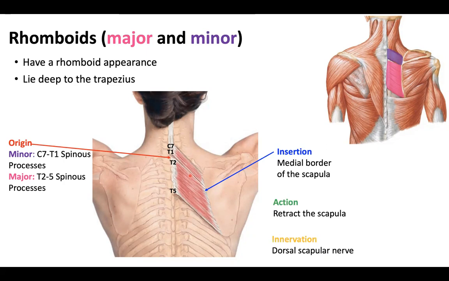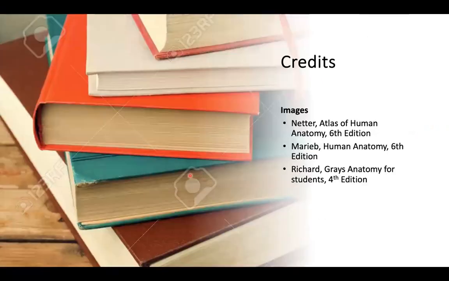Both levator scapulae and rhomboid muscles are innervated by the dorsal scapular nerve. So the posterior axioappendicular muscles are trapezius, latissimus dorsi, levator scapulae, and rhomboid muscles. That's all about the posterior axioappendicular muscles, or the superficial back muscles.